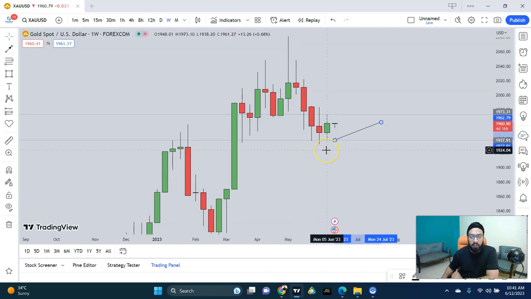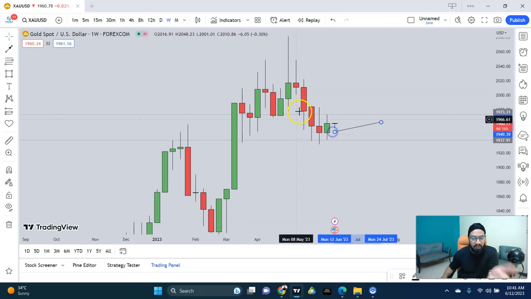So whenever a new week gets started, you should point out these two specific highs and lows, and then keep an eye on what exactly the pattern was, or whether the candle closed bearish or bullish.